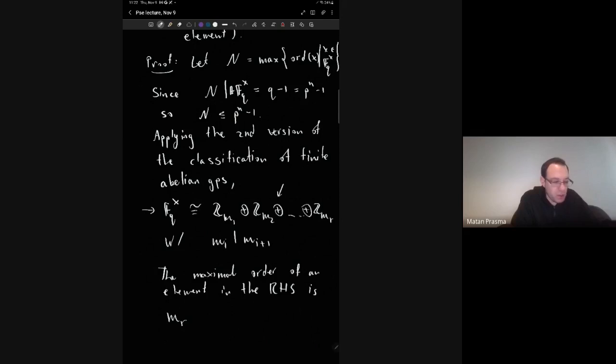You cannot do better than MR. So it means that n is equal to MR, right? Isomorphic groups have precisely the same distribution of order of elements.